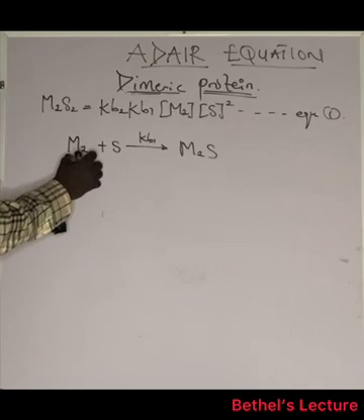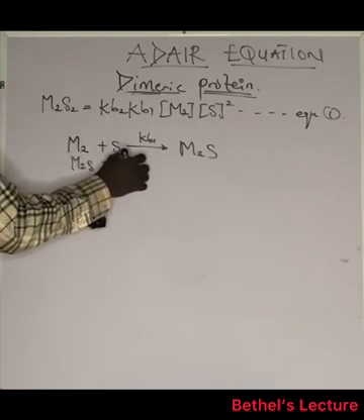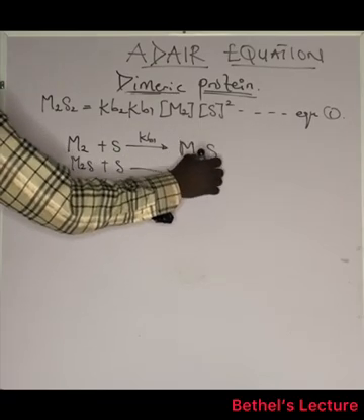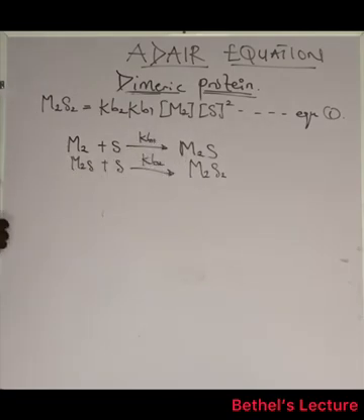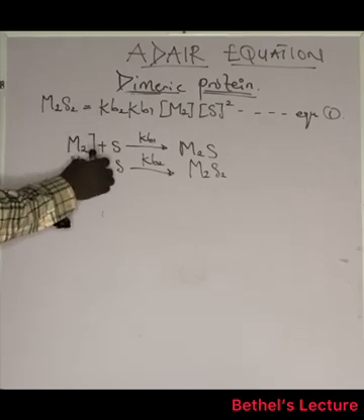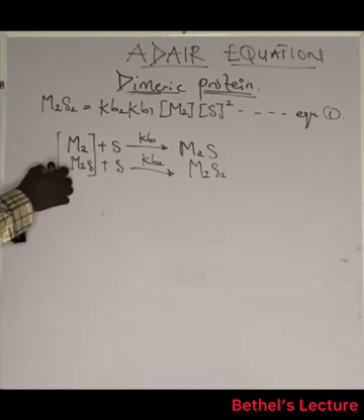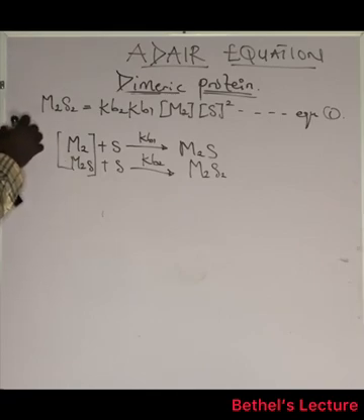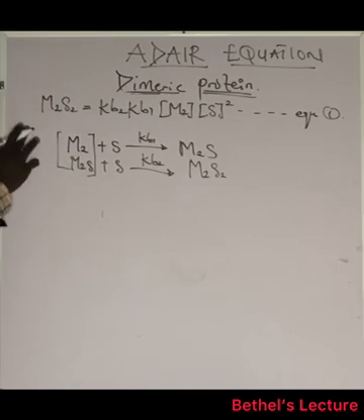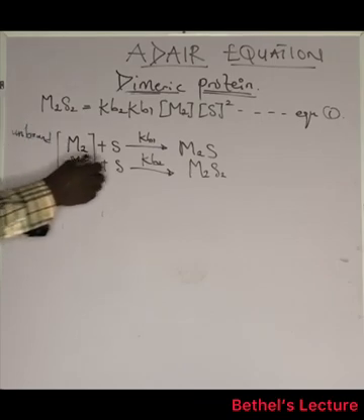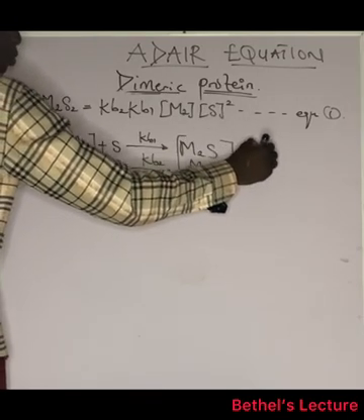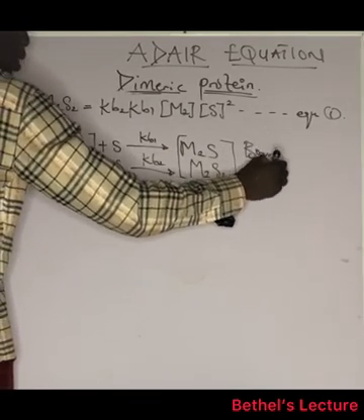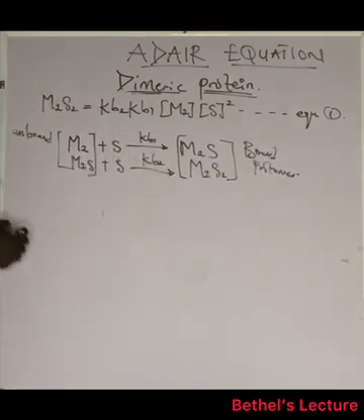Then M2S again combined with S forms M2S2, and this was our KB2. One thing we need to know is that this side we term as the unbound protomer, while this side we tag as the bound protomer. Are you there? Right.